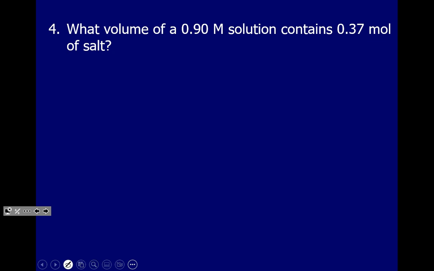Again, it's a little overkill, so I'm not going to draw the math, but I'm looking for a volume. I've got the moles and I've got the concentration. Again, I have to be told that concentration, depends on who makes it. And now we're looking for V. You're picking the equation, you're putting the stuff in. If you want to rewrite this as moles per liter, you can, but you don't have to.